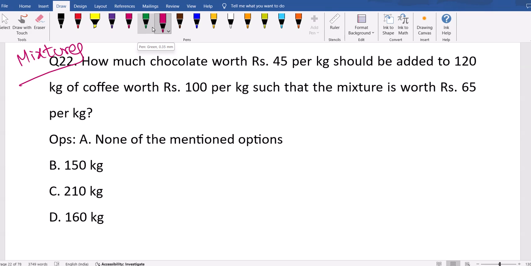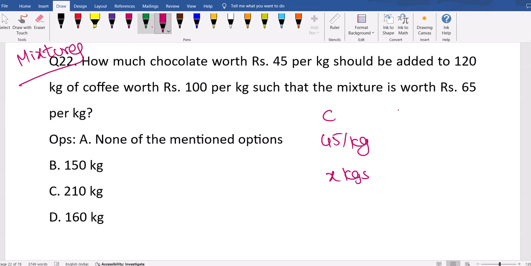Chocolate 45 per kg. How much should be added to 120 kg of coffee worth rupees 100 per kg, so the mixture is 65 per kg? See, chocolate is 45 per kg, you want to take X kgs.